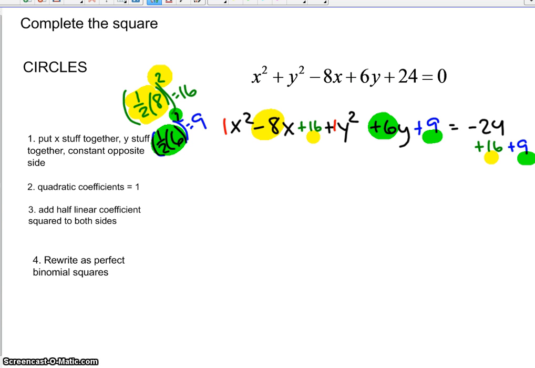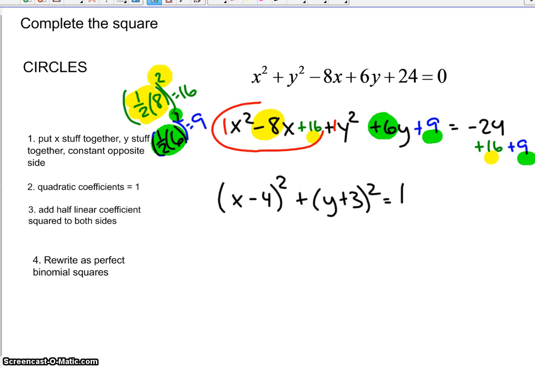Now do number 4, rewrite this into perfect binomial squares. So pause. All right, the x chunk is rewritten as x minus 4 squared. That 4 comes from half of the 8, and that's why some people say make it a negative, because half of negative 8 is negative 4.